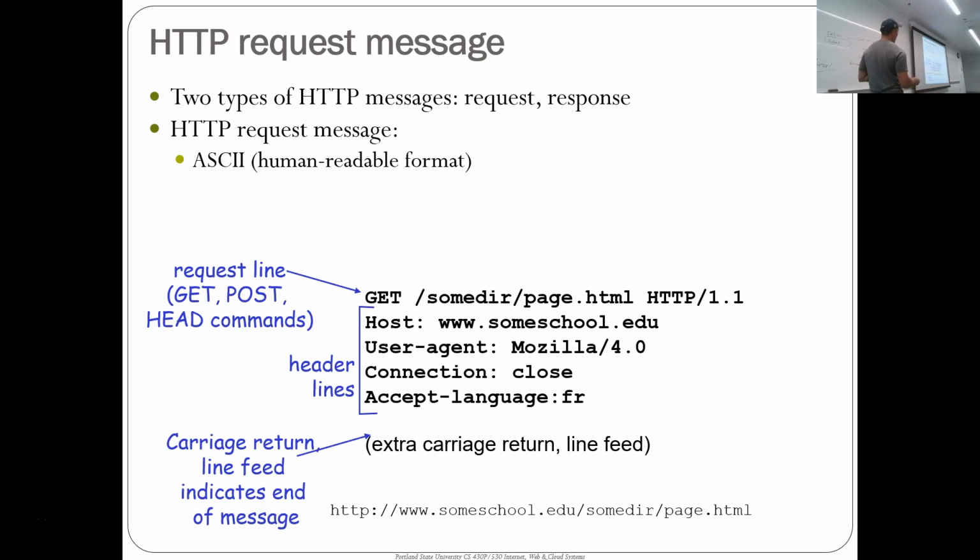This is followed by a set of HTTP request headers. These are headers that allow the client to specify different things about the request that the server should know about. So in this case, it says the host that I want you to get this content from is www.someschool.edu. And that's part of the URI.